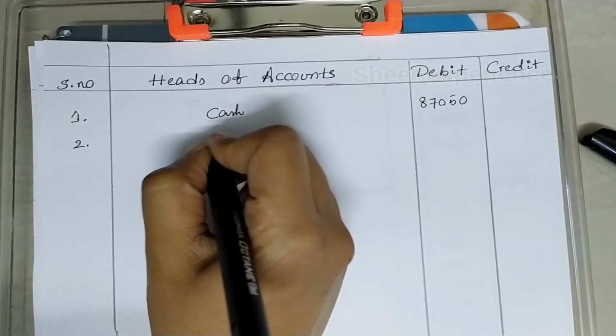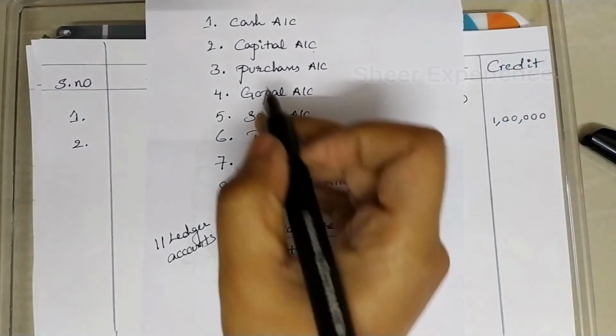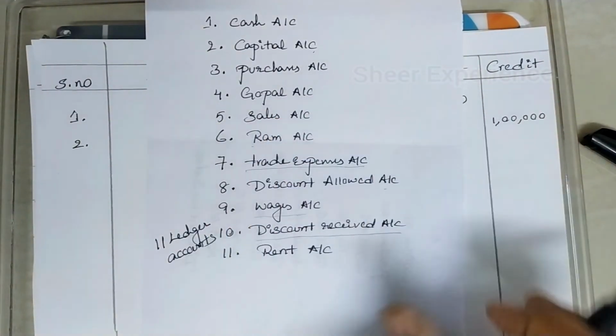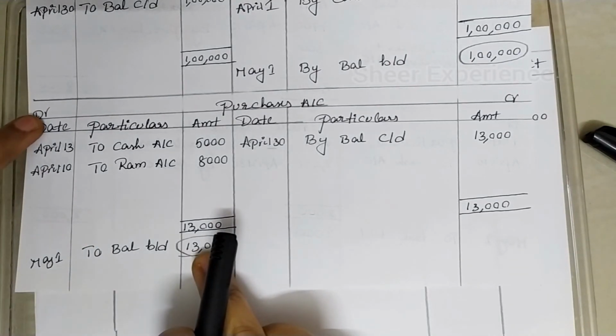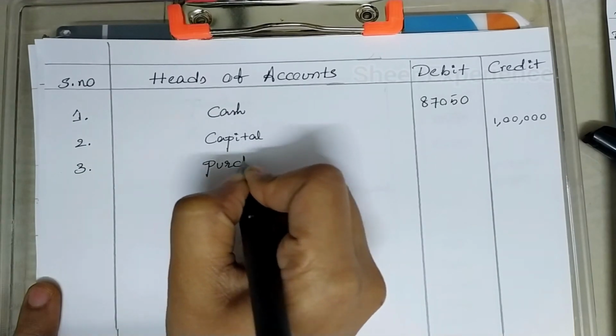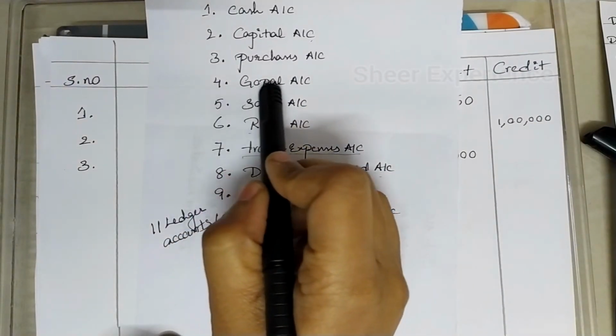So we will mention the amount in the credit column of the trial balance. Amount is 1 lakh. Our next account is purchases. Purchases account balance is on the debit side. So we will put the amount in the debit column of the trial balance. Amount is 13,000.